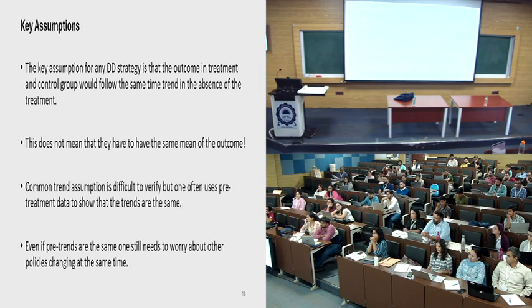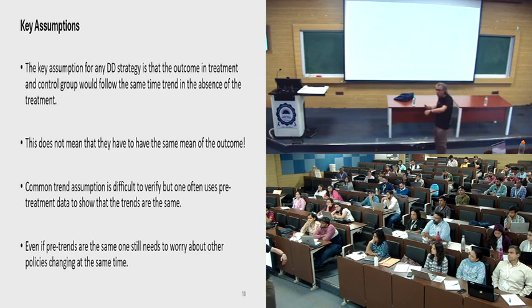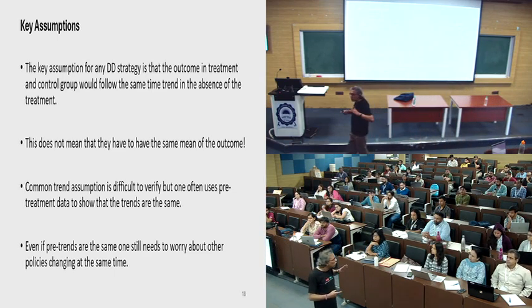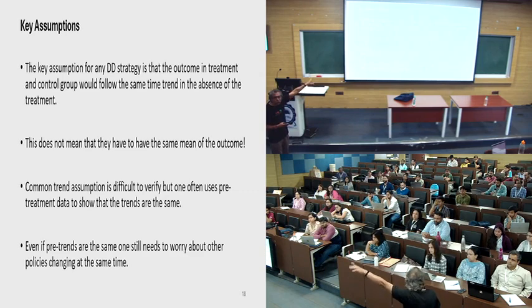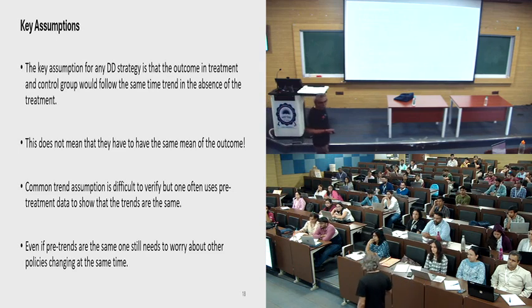So I want to show the common trend assumption by using the pre-treatment data: before the treatment occurs, you have a common or parallel trend. Why is it parallel trend? Because I did not assume they have the same mean. They can have the same slope but different intercept, which is the different mean. That's what parallel trend is in novice terms, and I am a novice guy. Clear? Fine.